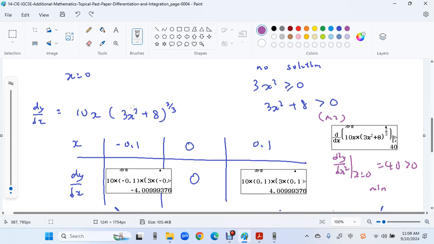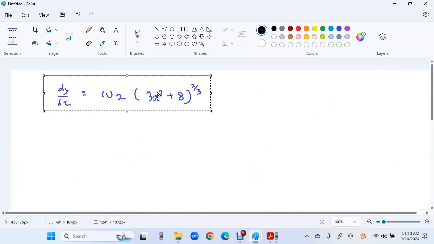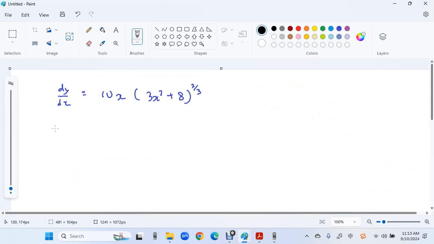You have to use the product rule. So I don't want to do the product rule, so I use this method, the table method. So we find the second derivative, d2y/dx squared. So we have a uv here, then uv prime plus vu prime.